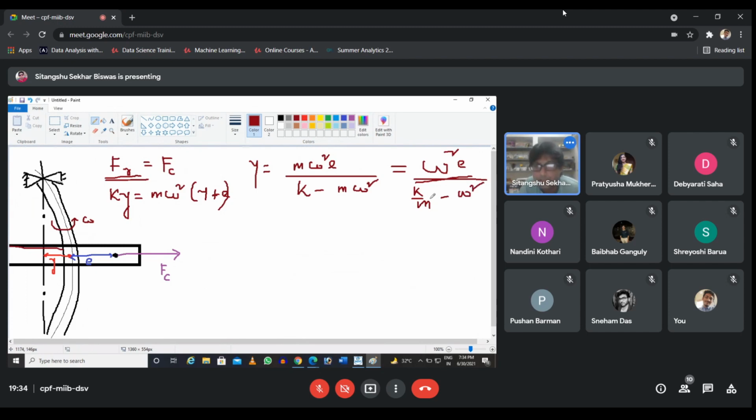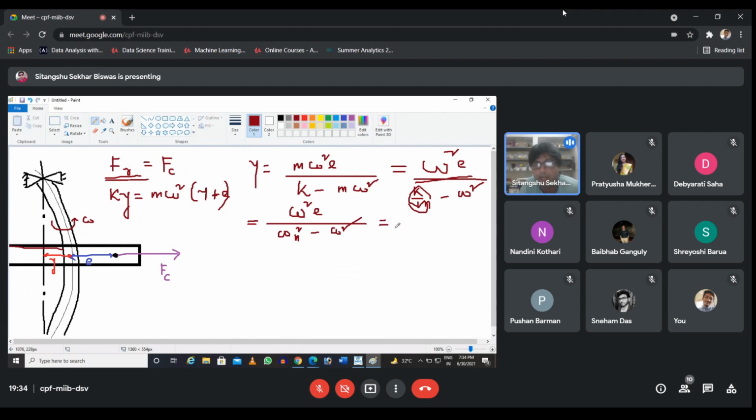And we know k by m is equal to the natural frequency square, so I can write it as omega square e divided by omega n square minus omega square.